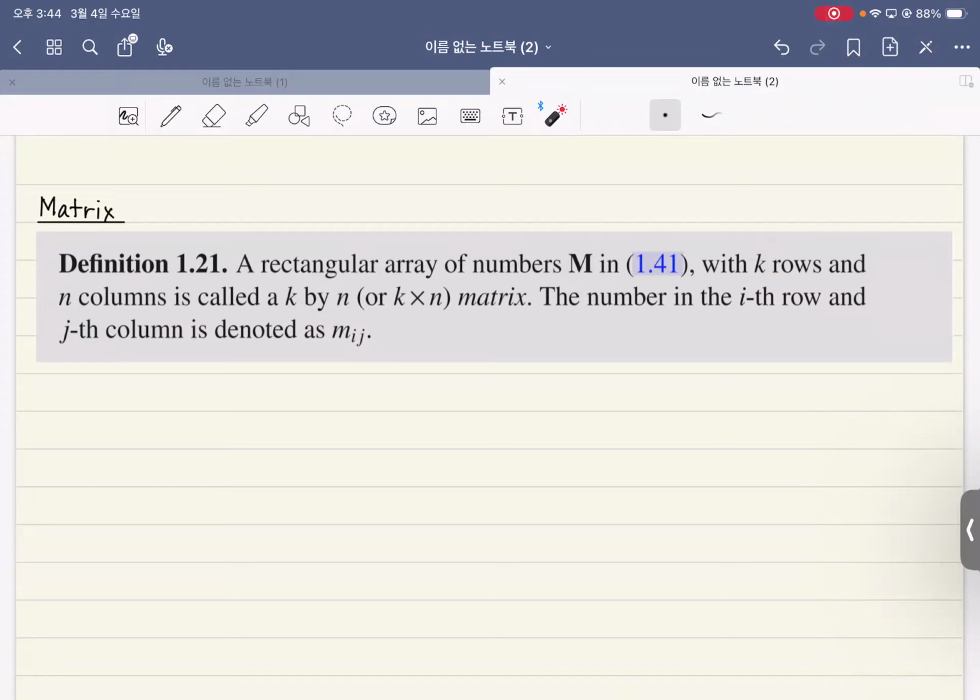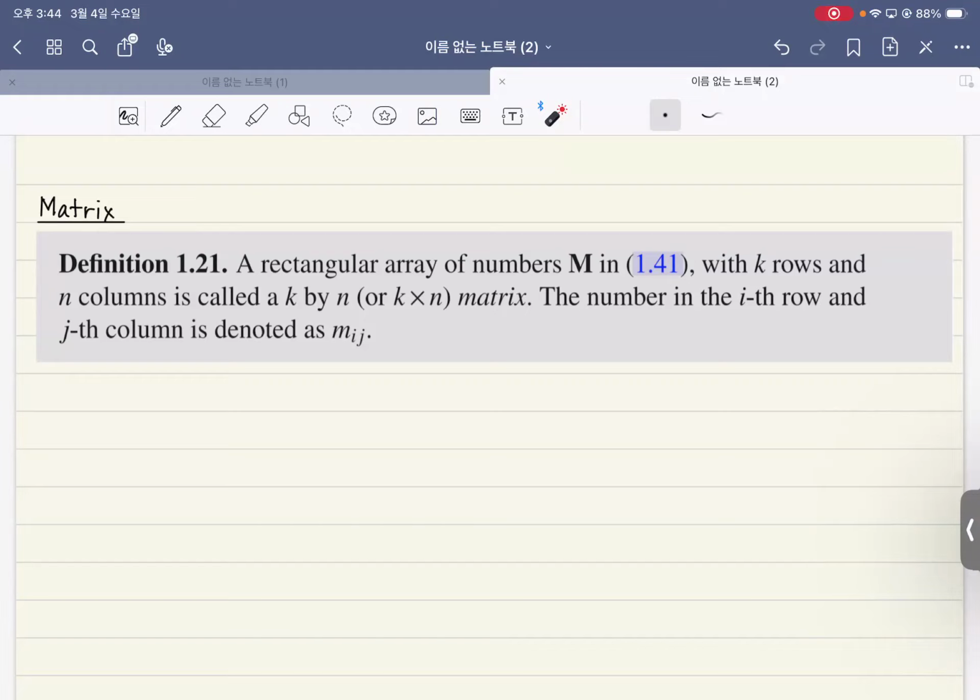In some modern mathematics, an entry of a matrix may not be a number, but for our purpose, we are talking about a two-dimensional array of real numbers. So this is our definition of the matrix.